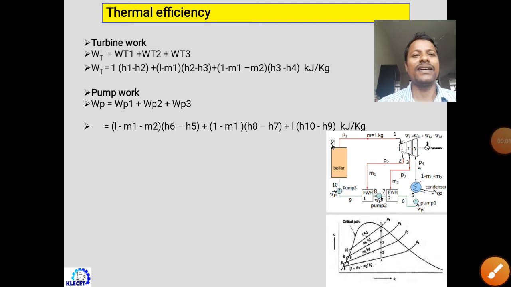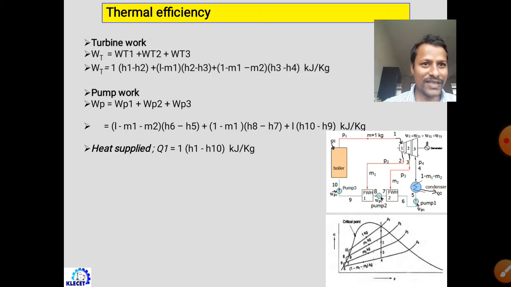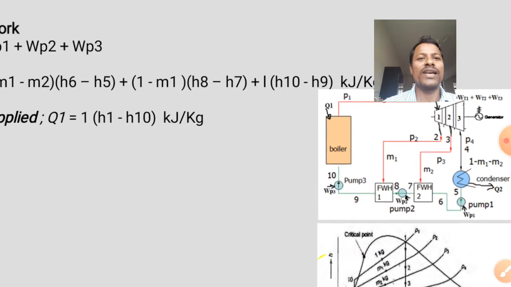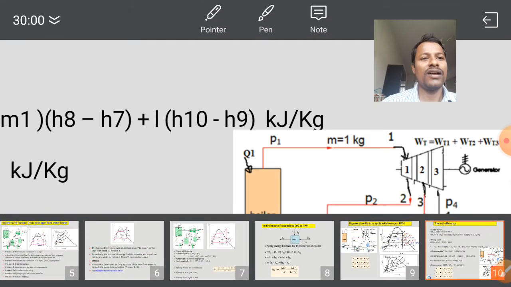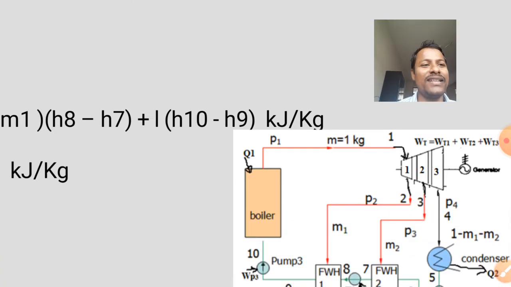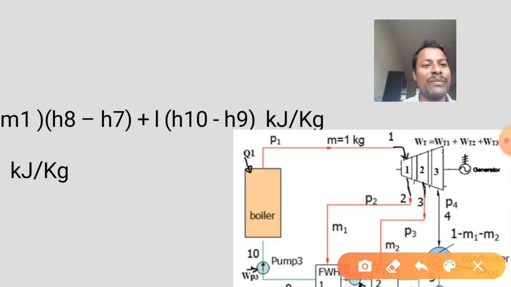Now let's look into the heat supplied. Heat supplied is Q1 in the boiler. So we are supplying the heat between 1 and 10 in the schematic diagram. So this is the state 1 and this is the state 10.